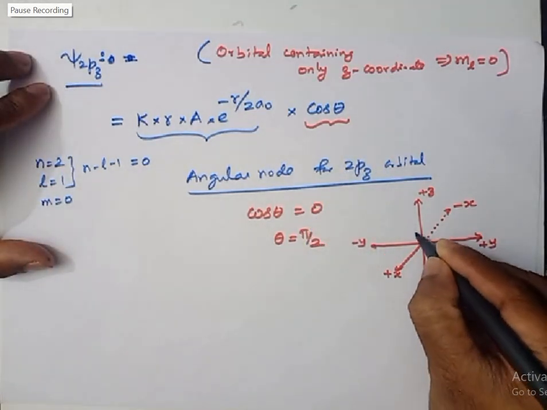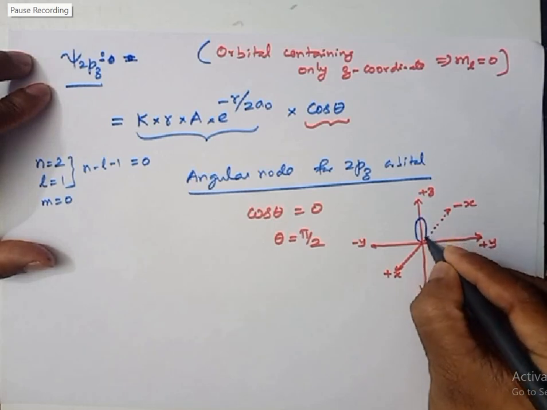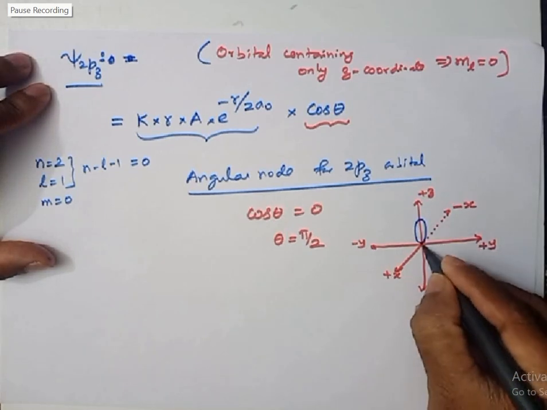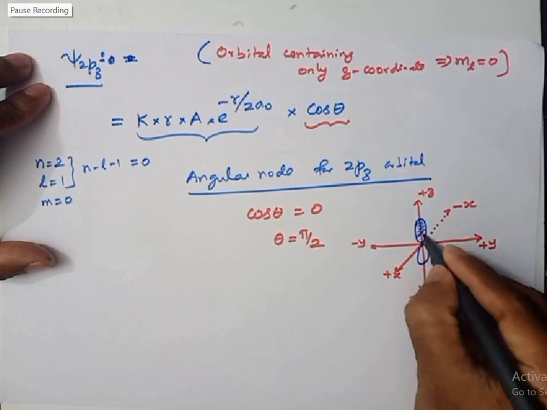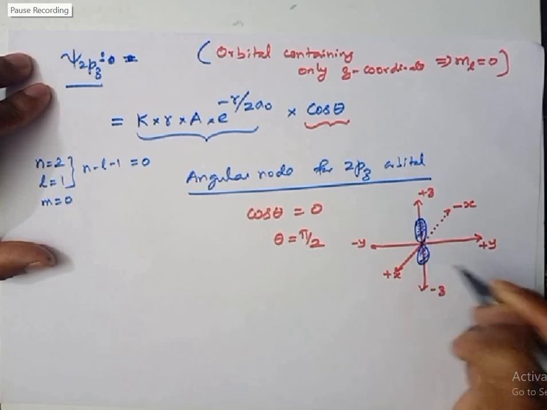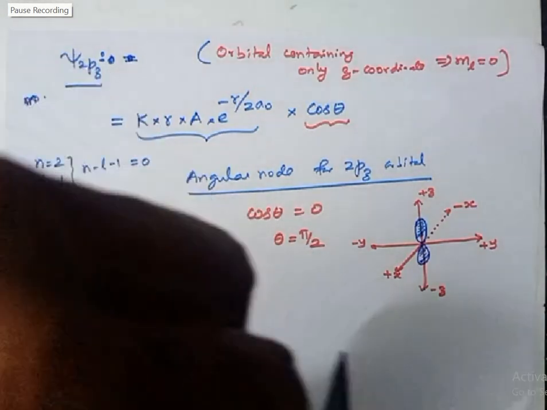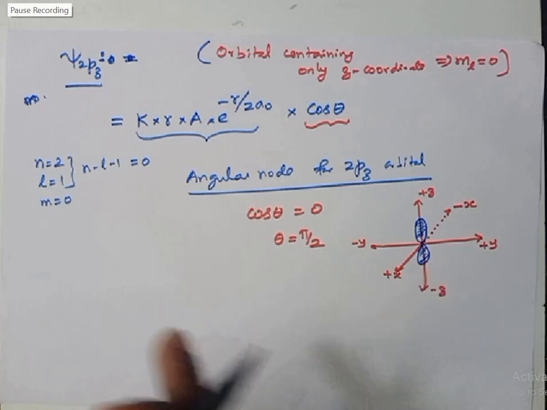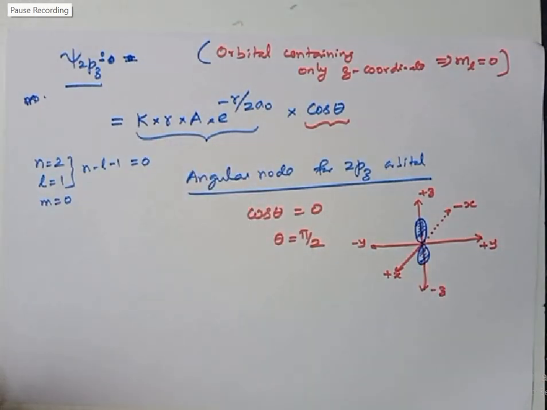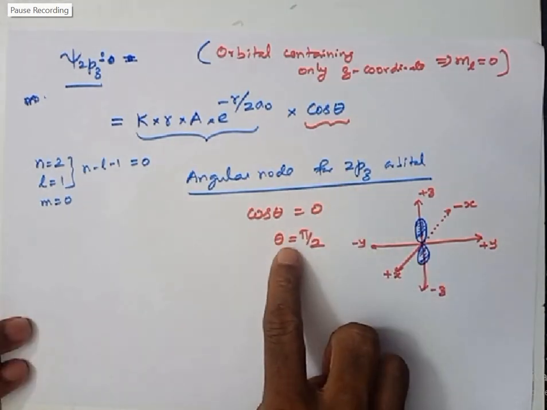It has two lobes, one along the positive z axis, another lobe along the negative z axis. Am I right? Now, where is the node?